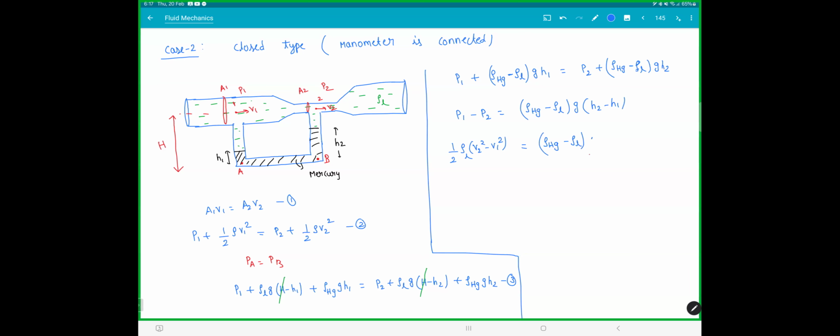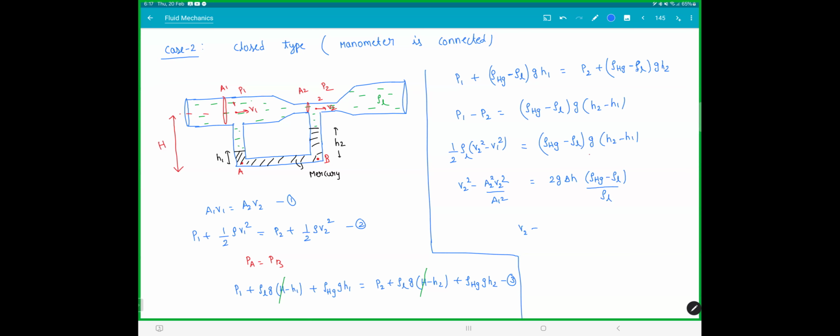I know mercury density, I know the gas density, and I know the difference in height from the sensors. So this can be written as V2 square, and V1 square is nothing but A2 square V2 square by A1 square. This will be 2G delta H, rho mercury minus rho liquid by rho liquid.